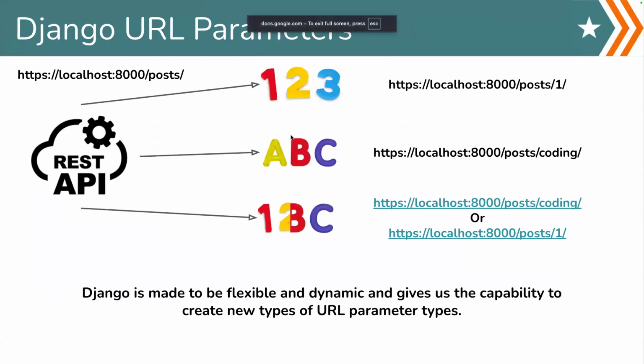So when we're talking about URL parameters, currently Django only allows us to do integer or string. But let's say we wanted to do a combination of both, where we would have both integer or string. Or maybe we have a specific data type that we want to receive, something like a Boolean. All right. Well, we want a converter to be able to grab this information.